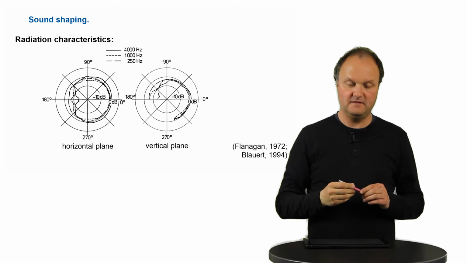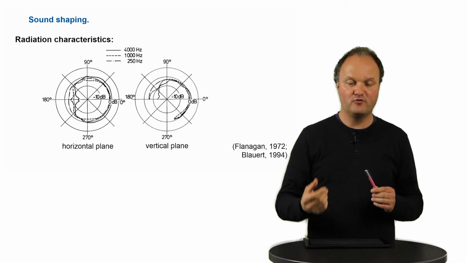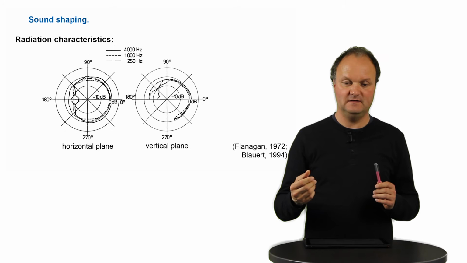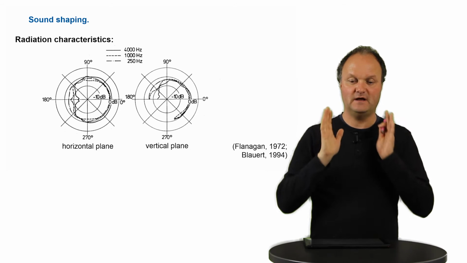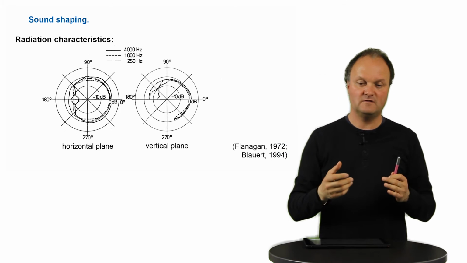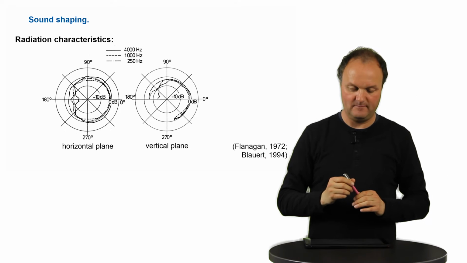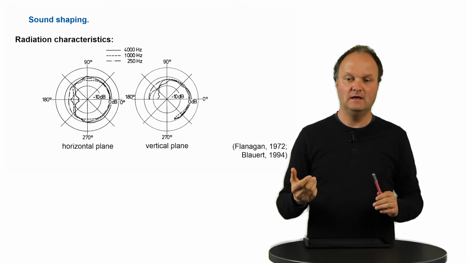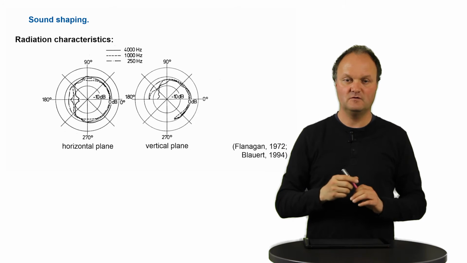And you see that the directivity of the speech signal is much more pronounced for the high frequencies. That is, for high frequencies you have a further radiation of the speech signal to the front, whereas the low frequencies are more surrounding the head. This is something you can even hear when you listen to a person who is not directed towards you.